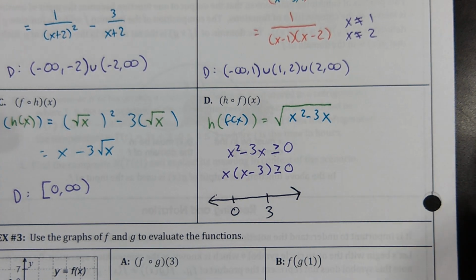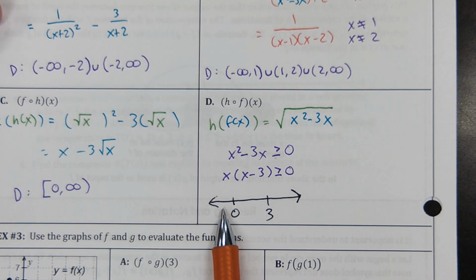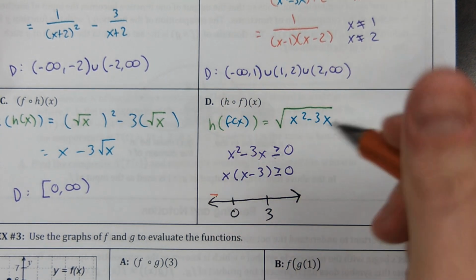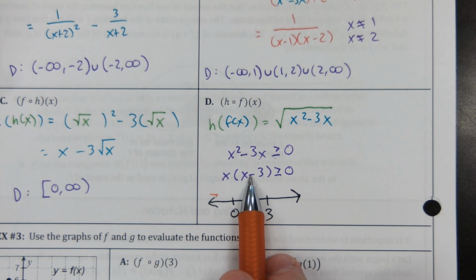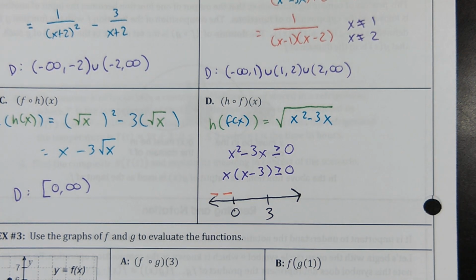Okay. Now we're going to test our zones to look for the signs being positive or negative. Let's grab a number to the left of 0, like -1. You put a -1 right here, you get a negative value. And you put a -1 right there, you get -1 minus 3, which is another negative value. And you're being forced to multiply those two negative values.